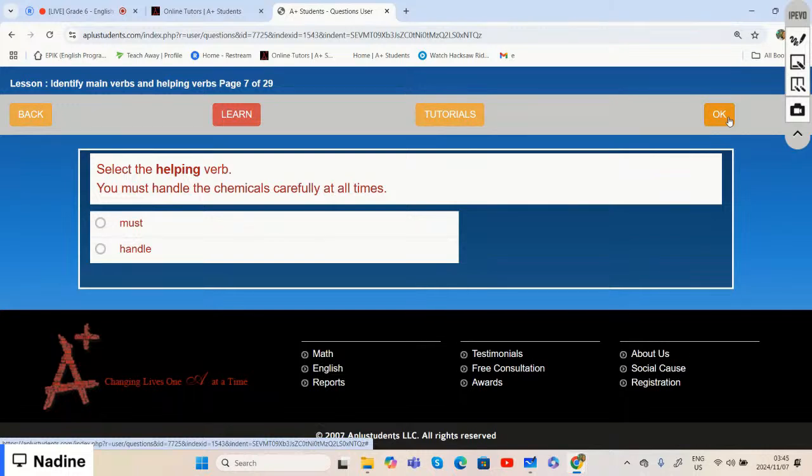All right, let's do the last one. We need to select the helping verb. You must handle the chemicals carefully at all times. Is it must or is it handle?